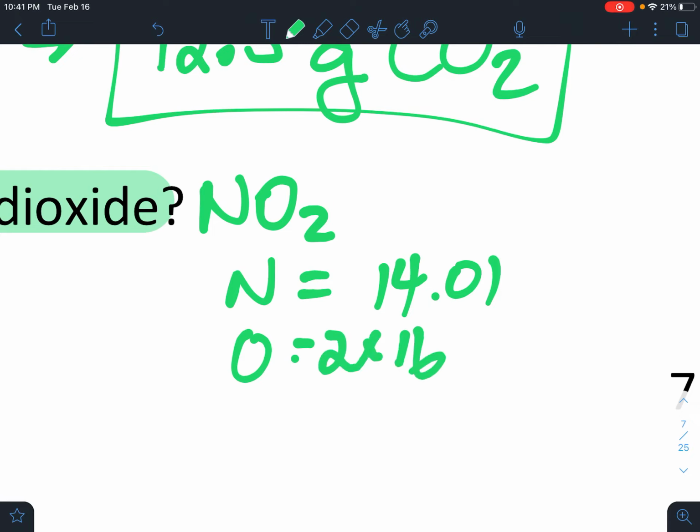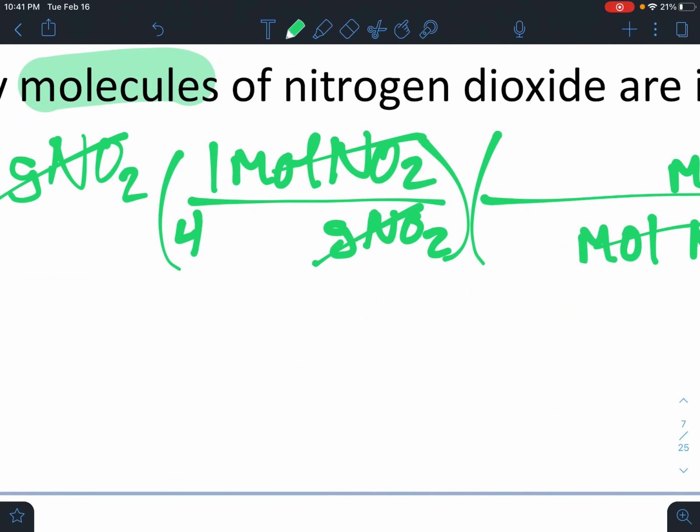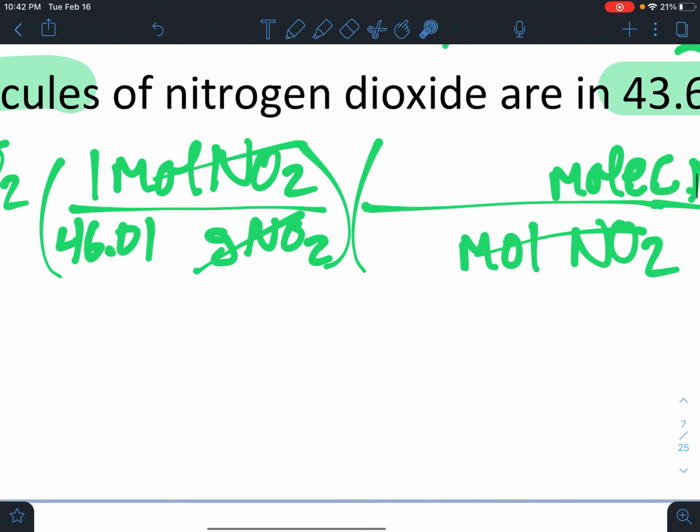So 2 times each oxygen is 16. So that equals 32. So 32 plus 14.01 is 46.01. So we have 46.01, which goes next to the unit grams in our molar mass conversion factor.